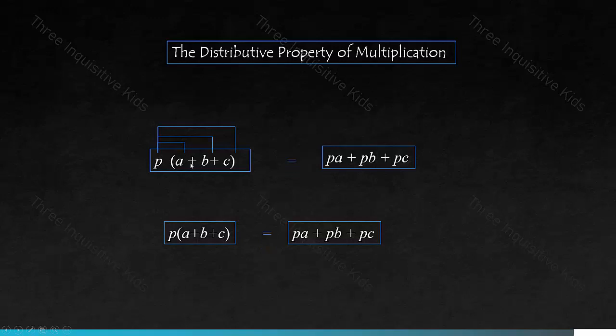P times the sum of A plus B plus C equals PA plus PB plus PC, because we're distributing the P to each of these three terms.